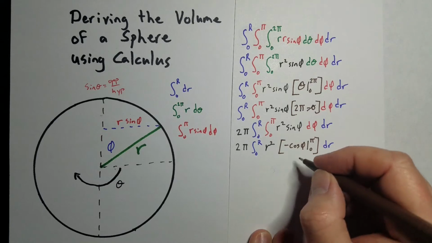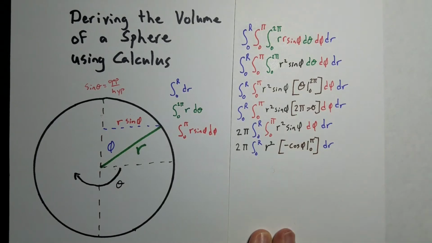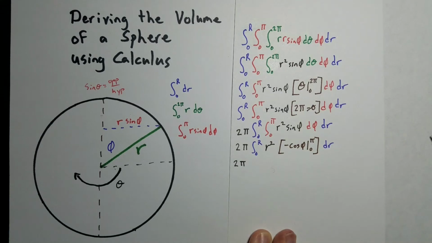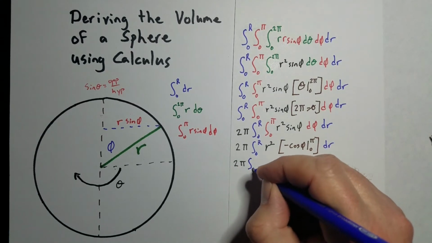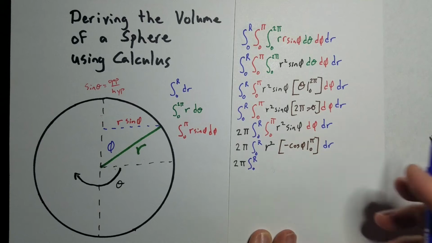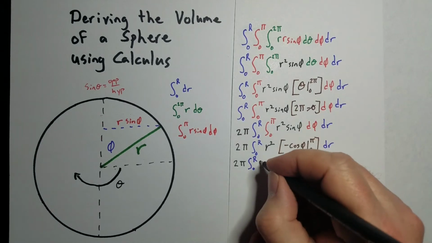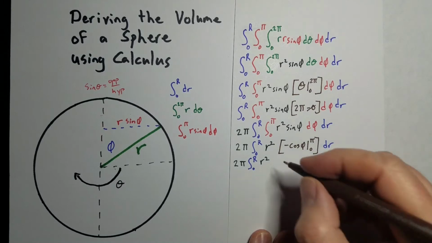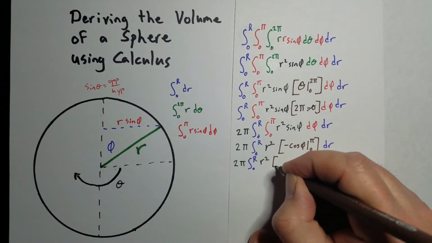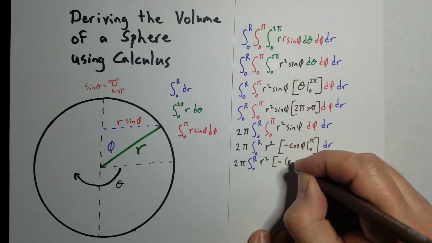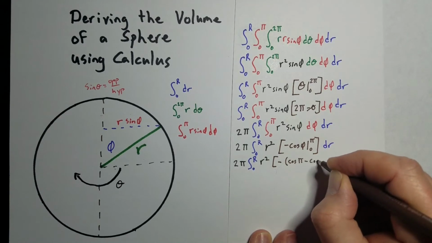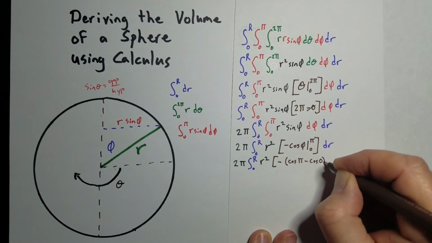So in this we get negative cosine of pi minus cosine of 0.